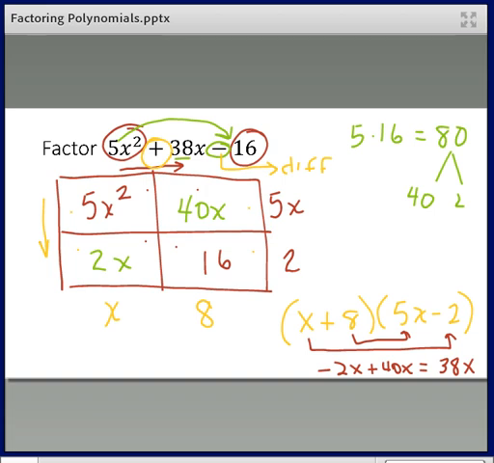If it wasn't the right number, if it was a different sign, then all you would have to do is switch those two signs. But always check these. So I have my factors right, and so my final factors are x plus 8 times 5x minus 2.